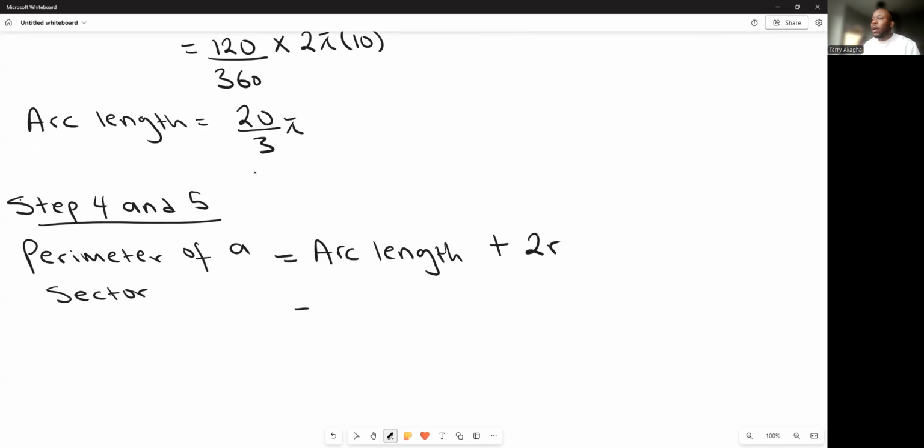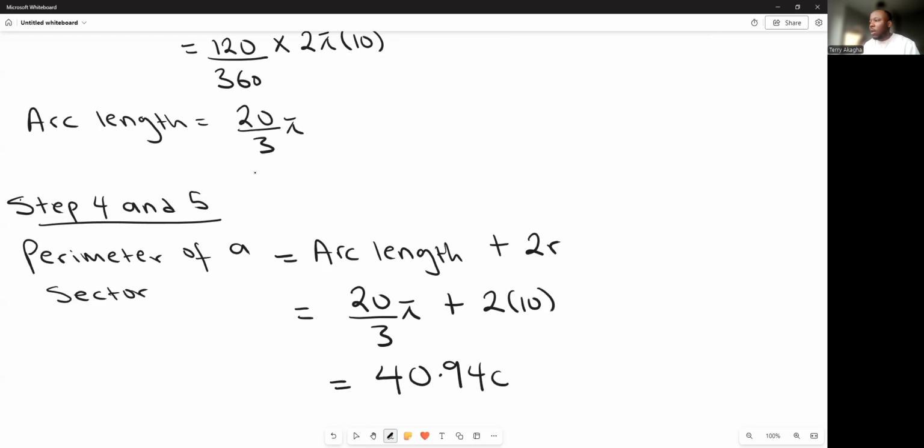So the arc length we have here was 20 over 3 pi plus 2 into bracket 10. And when you solve this, it's going to give you 40.94. And that will be the answer for this.